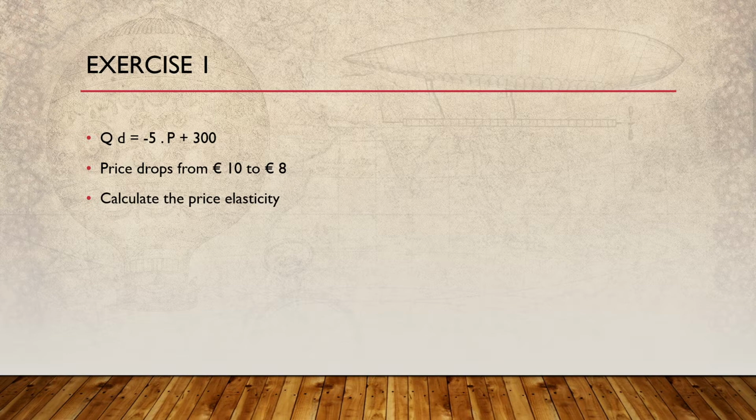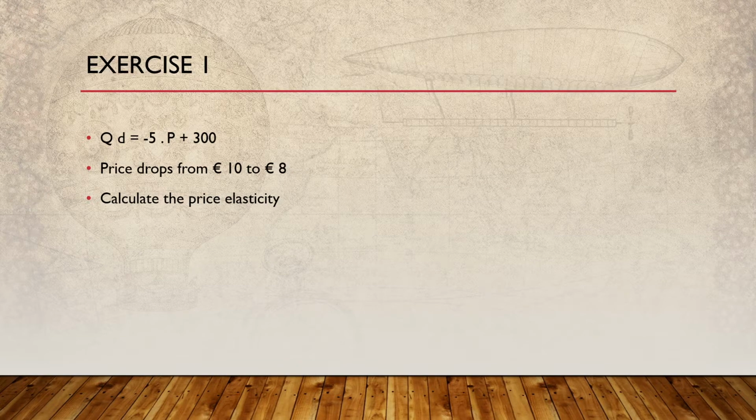We know that the price will go from 10 euros to 8 euros, so we see a price decrease. So this means we actually expect an increase in demand, right? Because if prices go down, people like Brock or James from the previous video will buy more goods. Okay, and the question here sounds as follows: calculate the price elasticity.